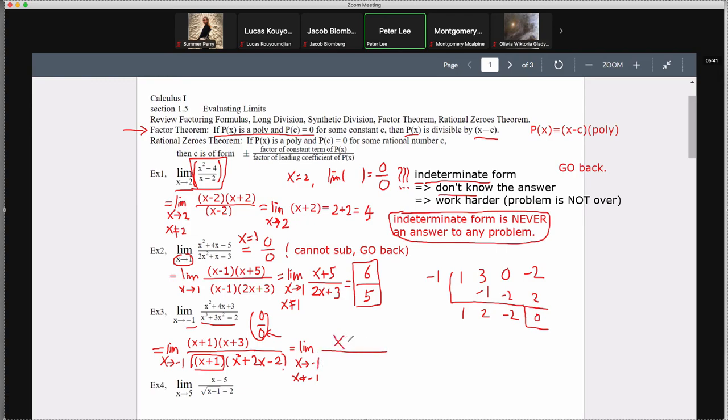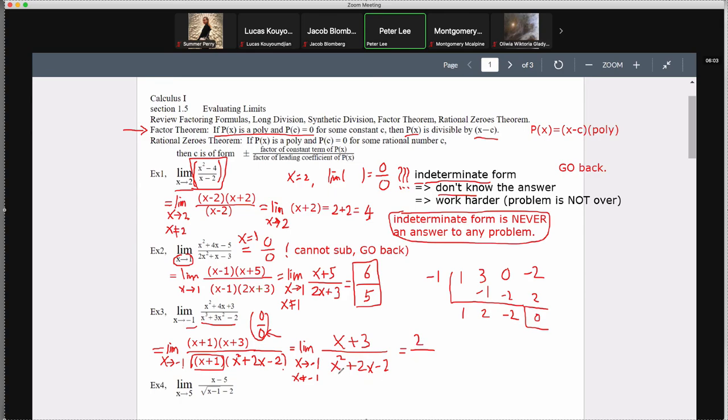So now if you do that, what do we get? We get x plus 3 over x squared plus 2x minus 2. And now, let's see. Can we now substitute negative 1 in here? If we do that, we get negative 1 plus 3, which is 2.